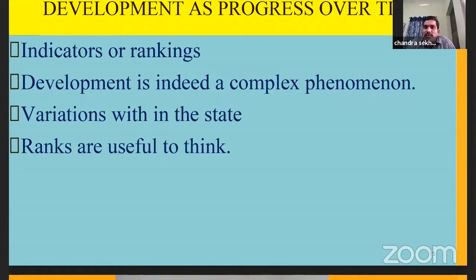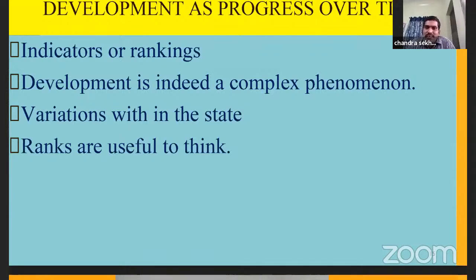So rankings are helpful for the comparison, and if we have a low rank, we can think where we are lagging behind other states. Where we are lagging, we have to improve in future, then we will improve our rank in human development index.